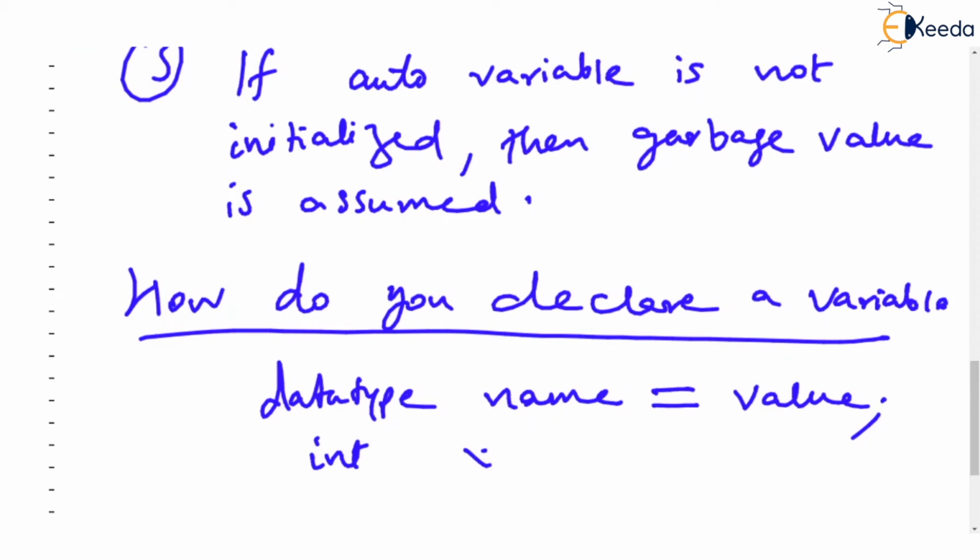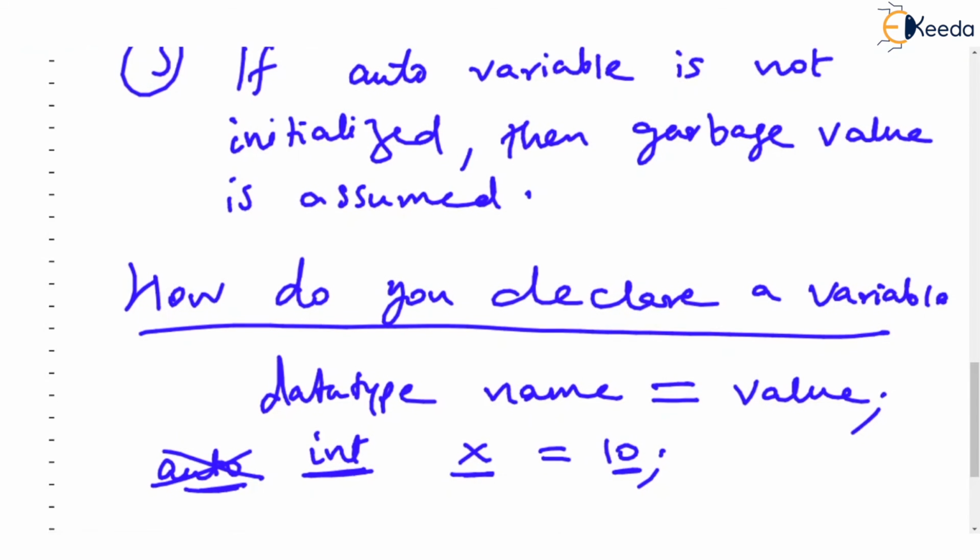For example, int x equal to 10. So int is the data type, 10 is the value, and x is the name of the variable. But now you have understood that before all this, there is something called storage class. Although we don't write it in the case of auto, C language adds this word auto to indicate that such variables will be alive only within the scope.